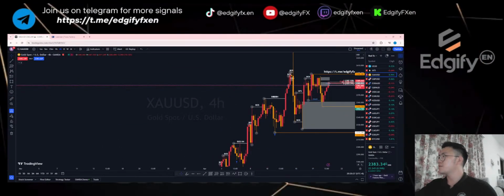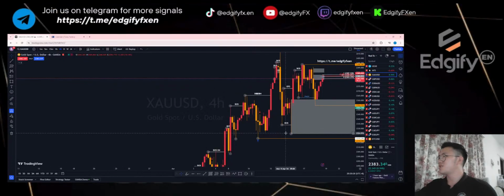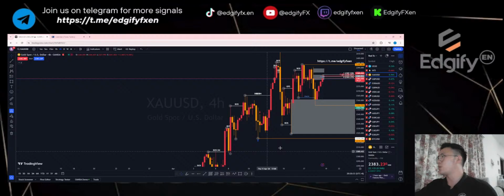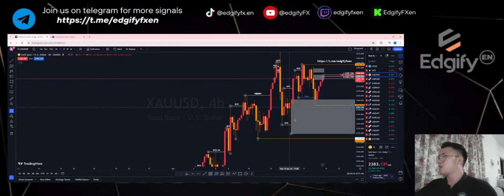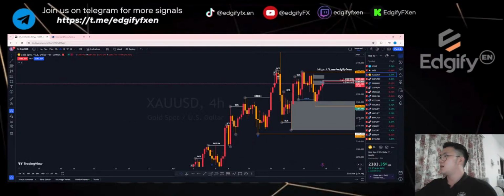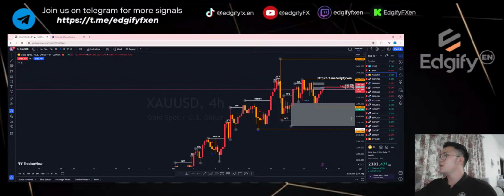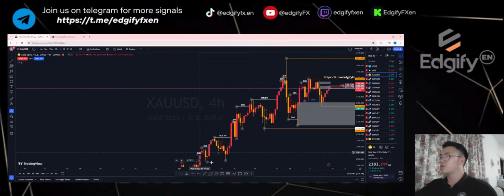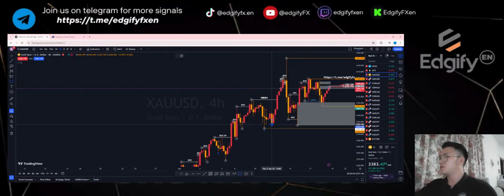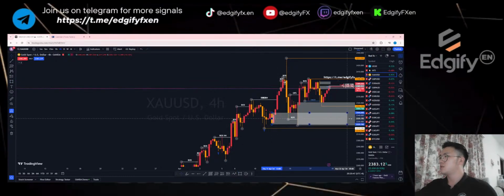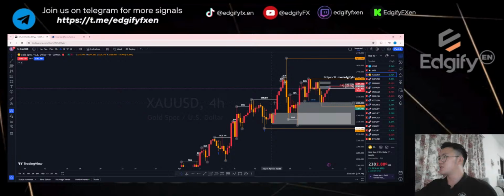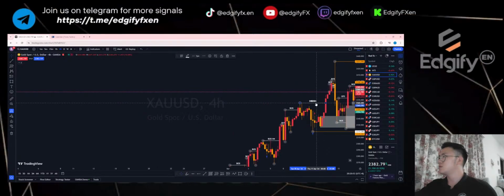Basically, if you ask me, my zone, I don't give myself like 20, 30, 40 pips. I just take a zone based on what the market gives me. So why am I taking this whole candle is because you can also be using this one here, because this is where the candle breaks above here.